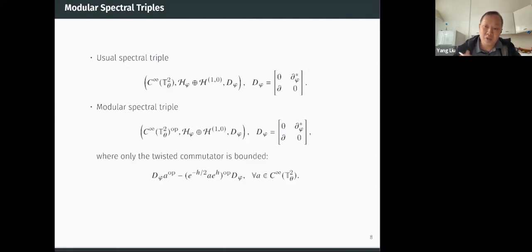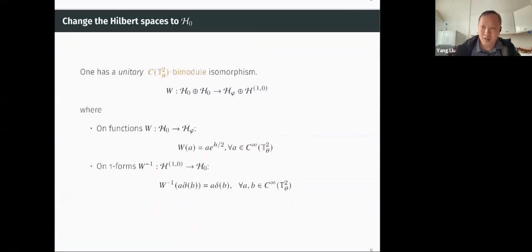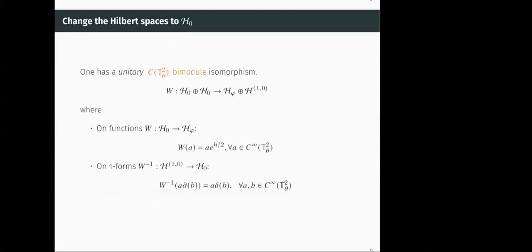This is conceptually done, but in order to carry out explicit computation, for example to study the heat trace asymptotics, we need to change the Hilbert space. We want to change this H_phi to the Hilbert space H_0, on which we have all the nice differential operators delta 1 and delta 2.